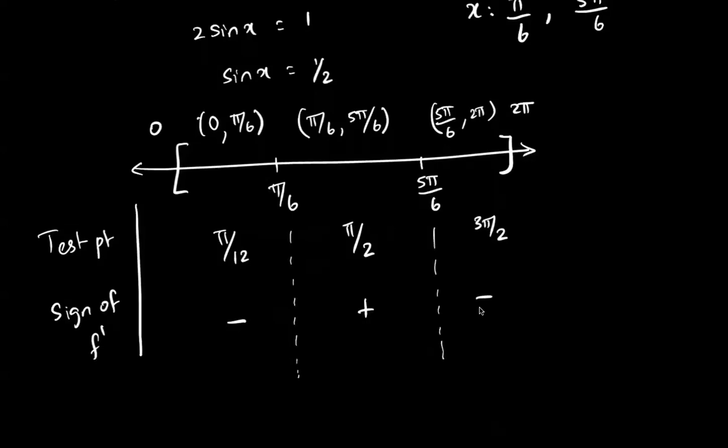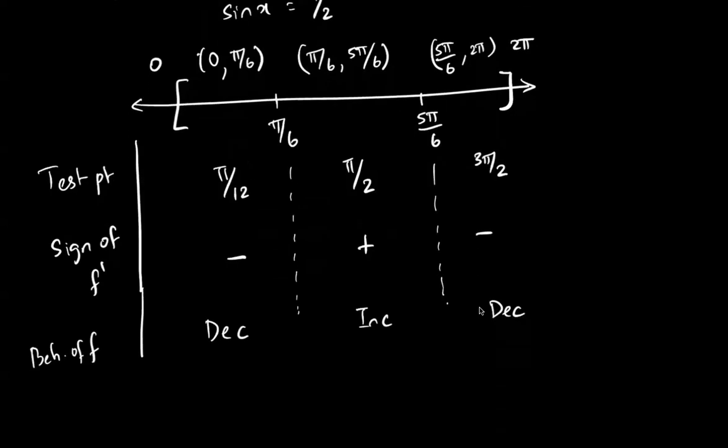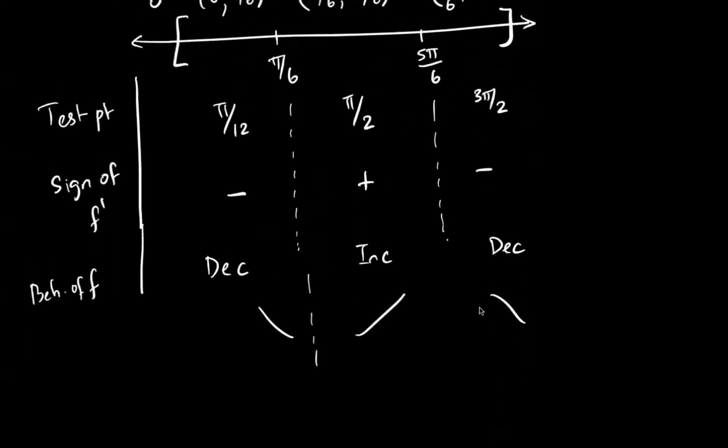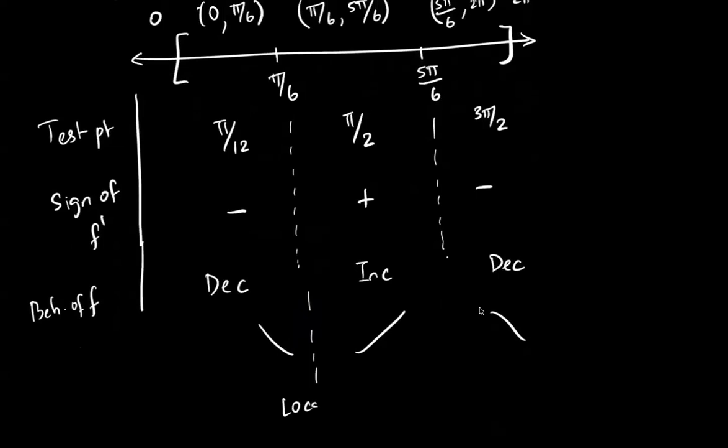So what is now happening? I am going to have a sign change. My function, the behavior of f, if you look at it, f is decreasing here, increasing here, and decreasing here. So that means this is going to be a local minimum and this is going to be a local maximum, but that's not what the question asked us.